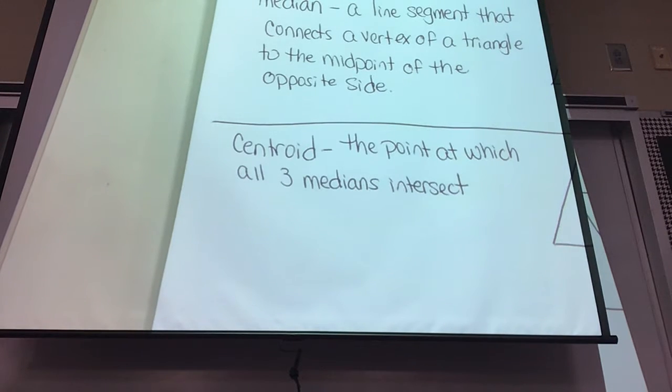Most of the time, your vertex is going to be with a triangle. That's usually when you're going to hear it. I doubt you're ever going to hear it again if you deal with a square or rectangle, anything like that. Most of the time, when they say vertex, they're dealing with a triangle.